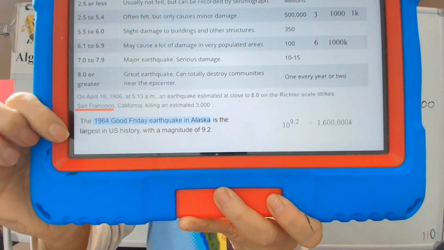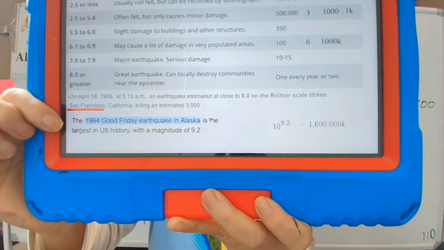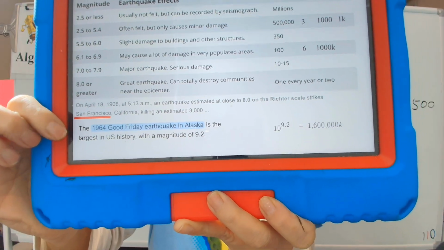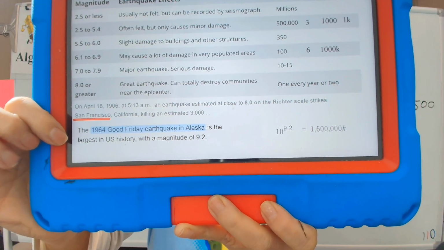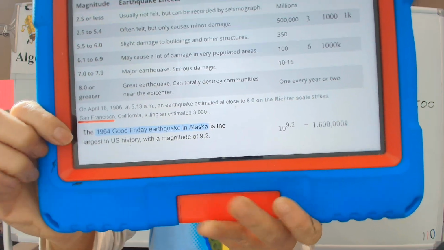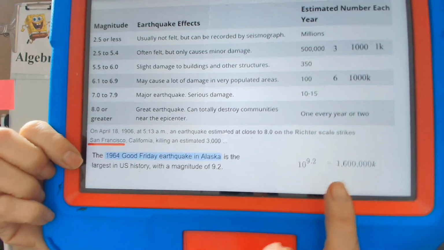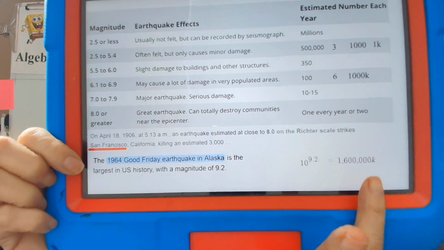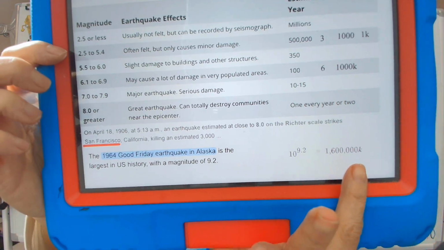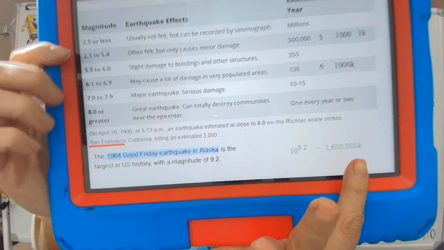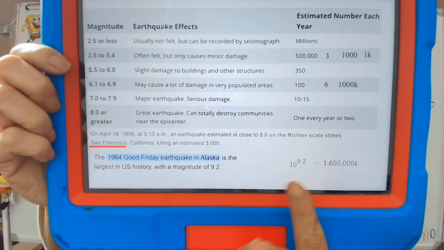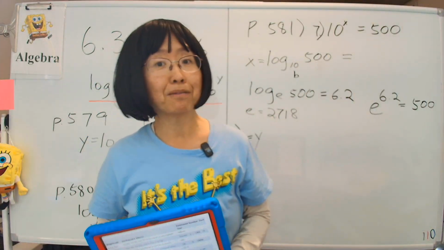Now, I did the problem that is this one. This one is the biggest earthquake in the United States. That happened at 10 to the power 9.2, and that means 1.6 million K. That is 1.6 million times stronger than the earthquake that you can feel. So you can just about imagine how much stronger that is.